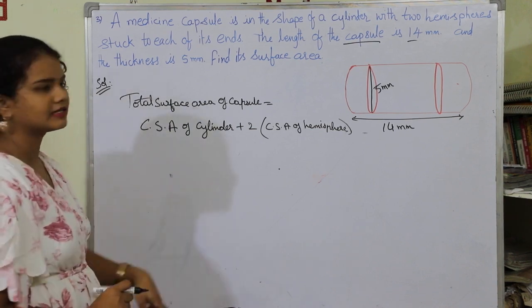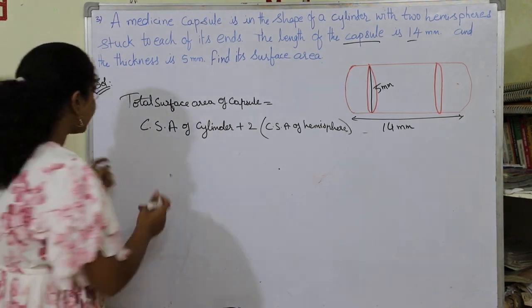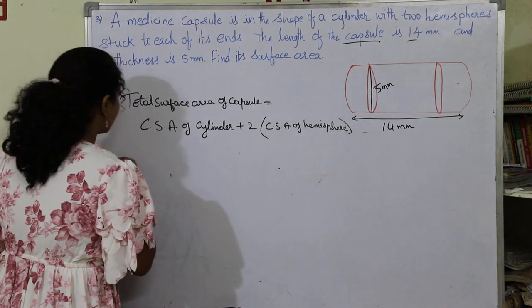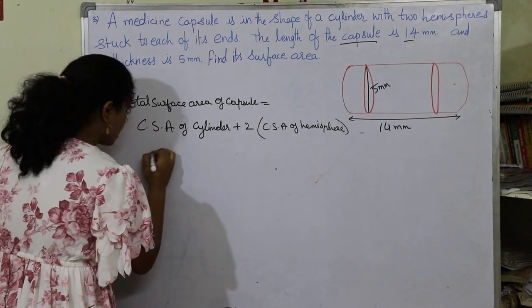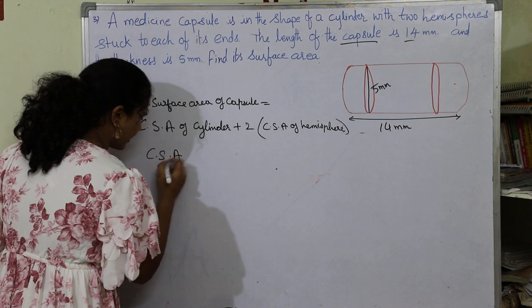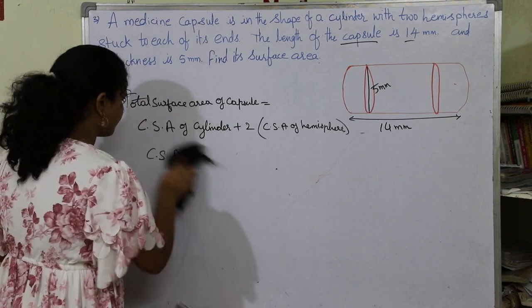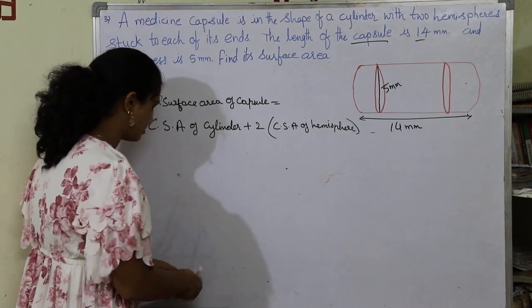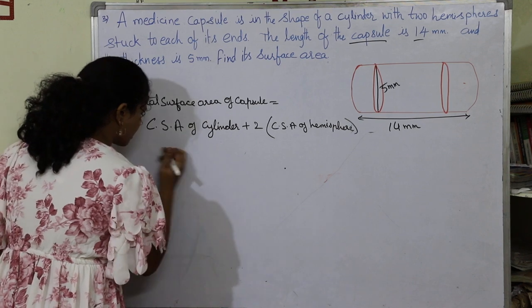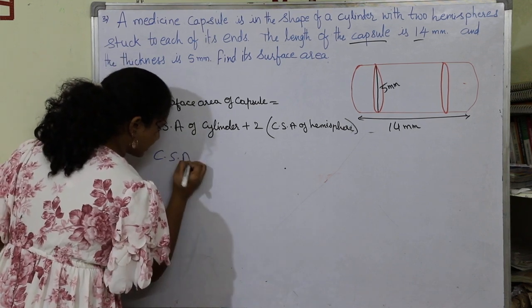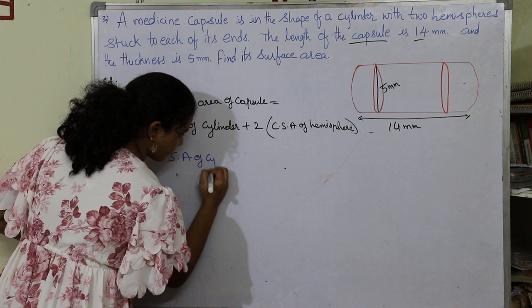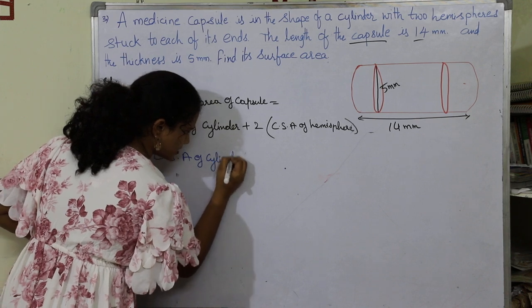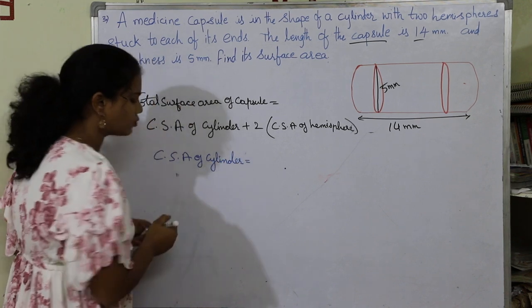So the CSA of cylinder equals, the formula is what?